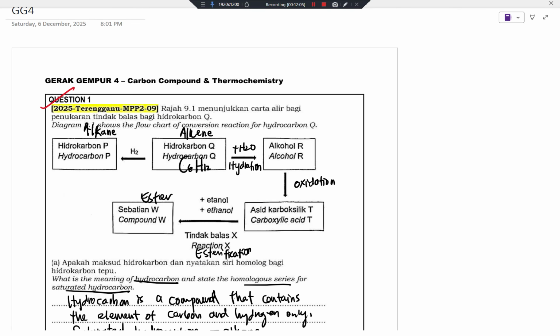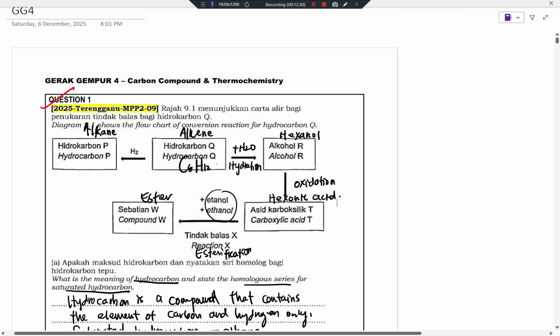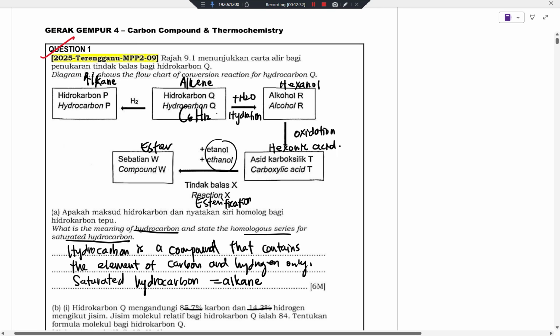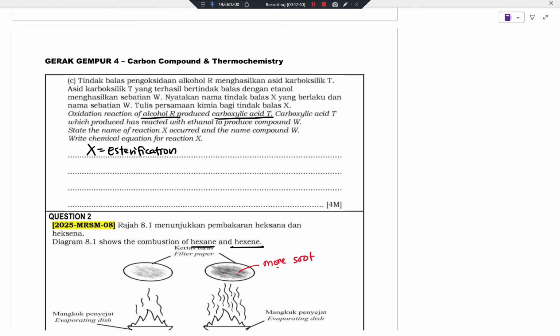W here. So this one, the alcohol, the ethanol, carboxylic acid, just now hexanol, so this one is hexanoic acid. Something new. Okay, this is 6. Alright. So no worries. We can do this. Ethanol, C2H5.